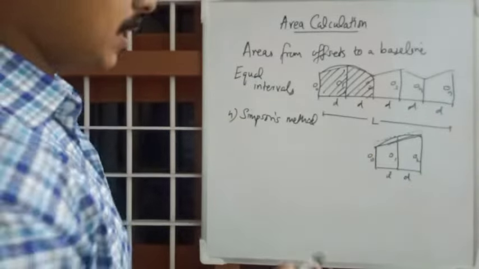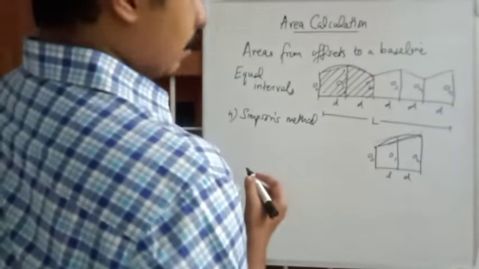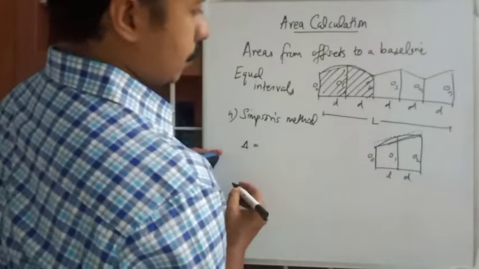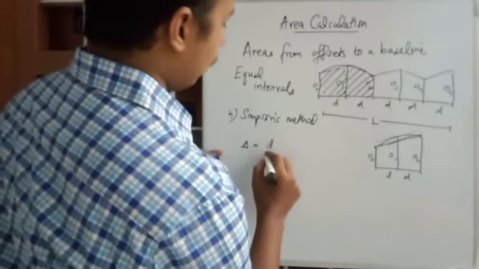Okay, so as a result, the equation will be delta is equal to d/3.